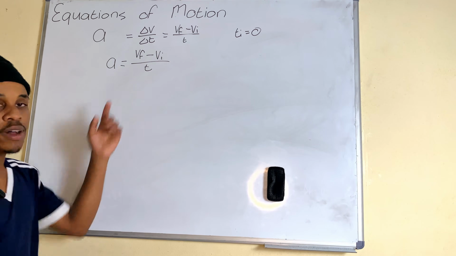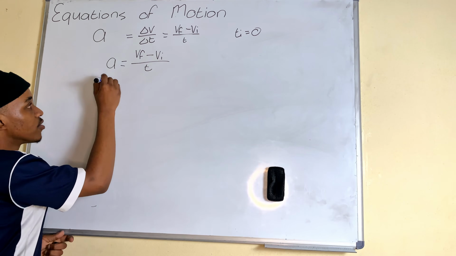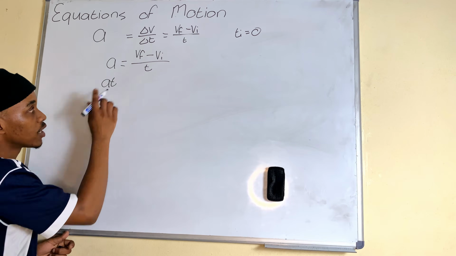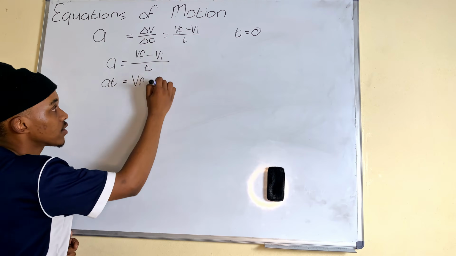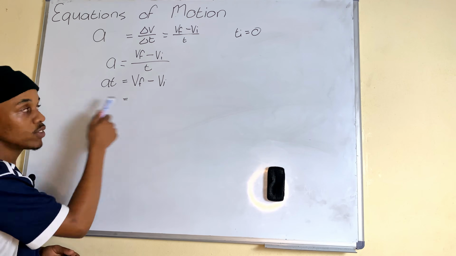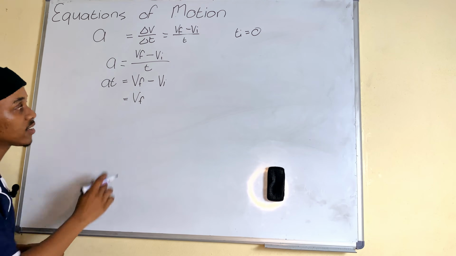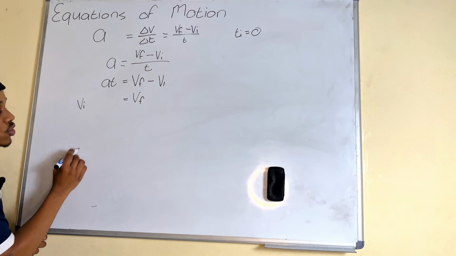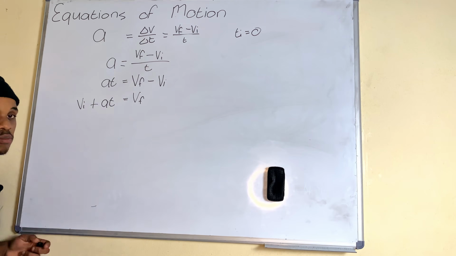If we multiply the time on both sides of the equation, we'll have acceleration multiplied by time is equal to velocity final minus velocity initial. And if we solve for the final velocity, or if we add the initial velocity to both sides of the equation, it means that velocity initial will be positive plus acceleration multiplied by time.